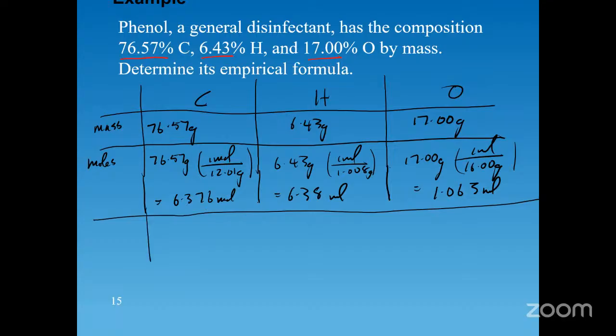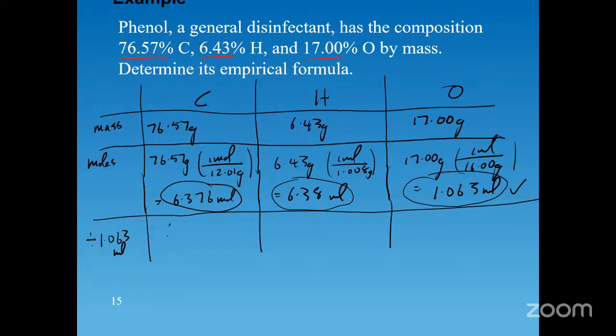The next step is where we find the simplest ratio. And the way we do that is that we look at these three numbers here, this one, and this one. And we choose the one that is lowest, which is this one, and we divide all of these by the lowest. So in this row here, we're going to divide right through by 1.063 moles, right?